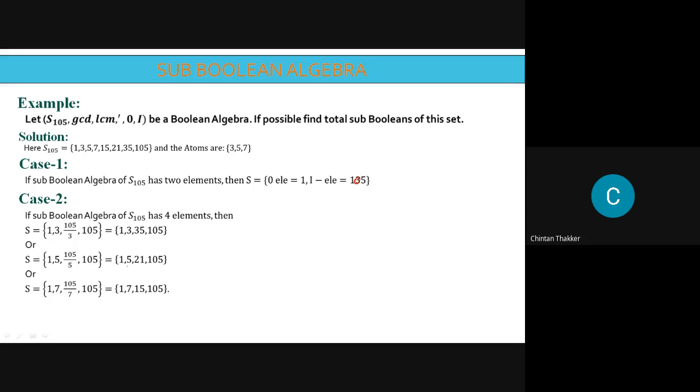Then 1, 5, 105 by 5, 21, then 105. Similarly 1, 7, 15 and 105. When we have three atoms only, then in case 1 we get one sub-Boolean algebra. Just remember this thing.